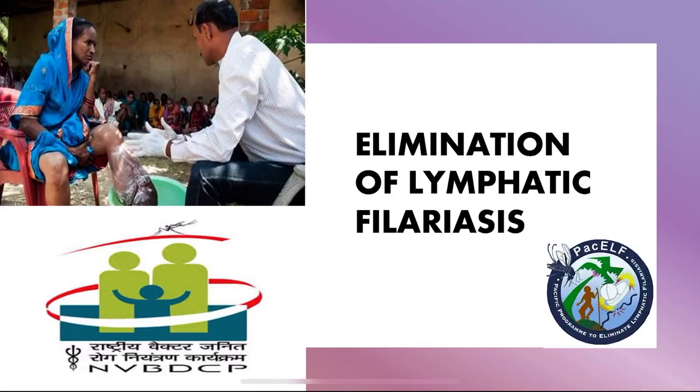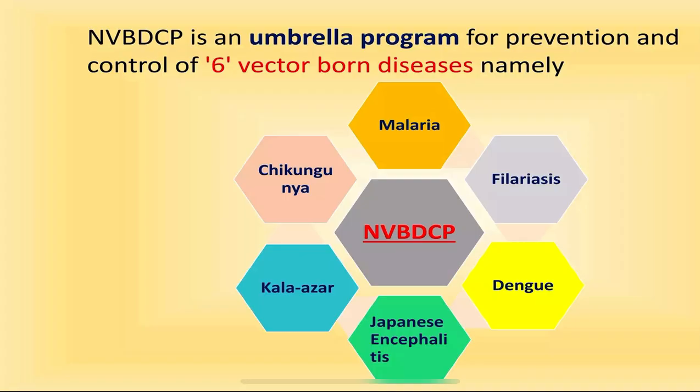Welcome back. In the chapter on health programs in India, in today's session, we are going to deal with elimination of lymphatic filariasis. Under the National Vector-Borne Disease Control Program, which is an umbrella program for the prevention and control of 6 vector-borne diseases.